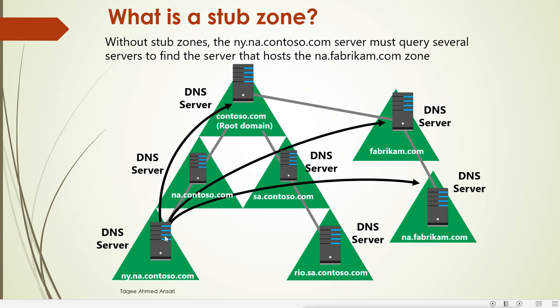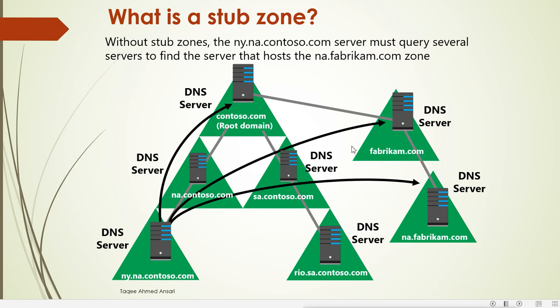They will directly consult the stub zone, and from the stub zone they will know what the DNS servers of fabricam.com are and what the IP address of the DNS servers of na.fabricam.com is. So they don't have to go to any other domain or server; they can directly contact that DNS server for records, because we have created the stub zone here.